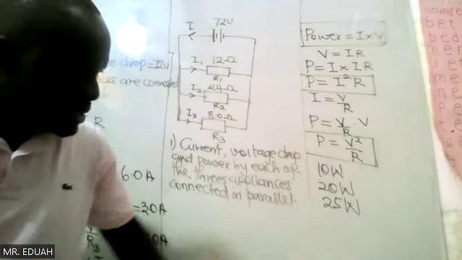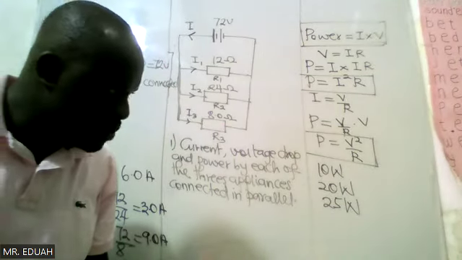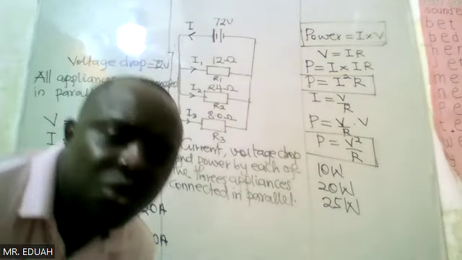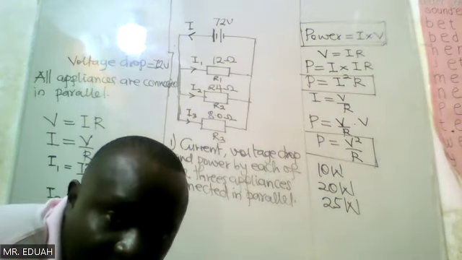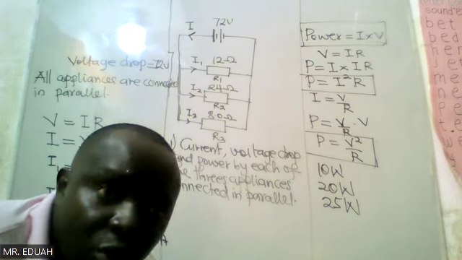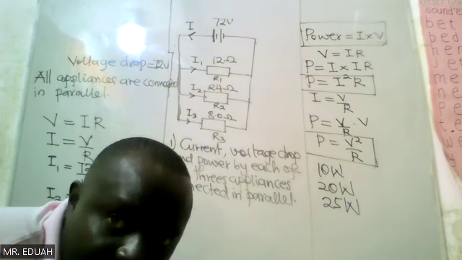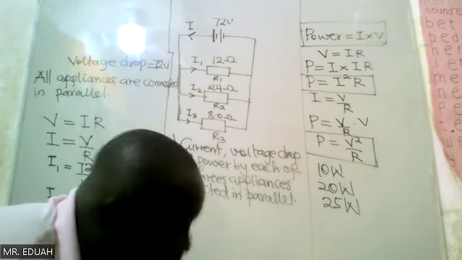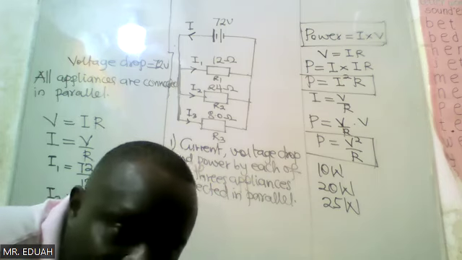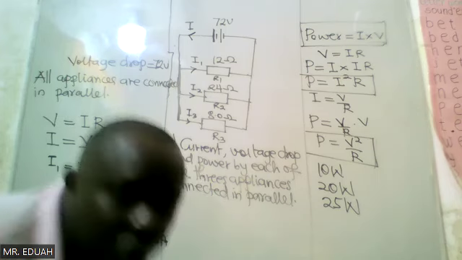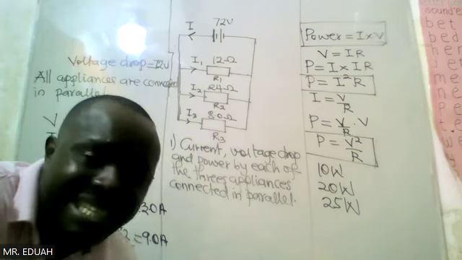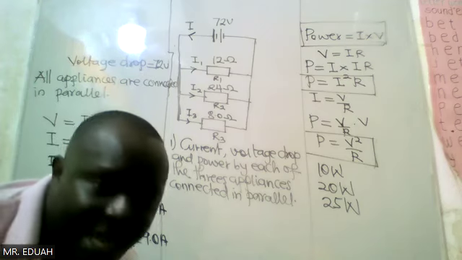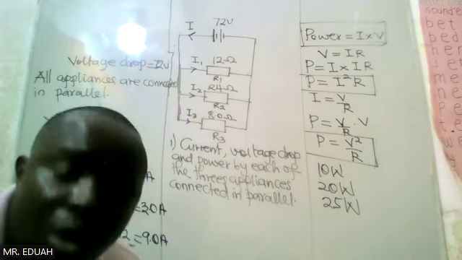Now, depending on what you want, as Gerald said, you can make a choice. But at the end of it, when you choose a bulb whose power is high, be ready to pay more.